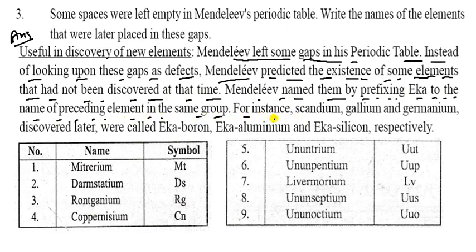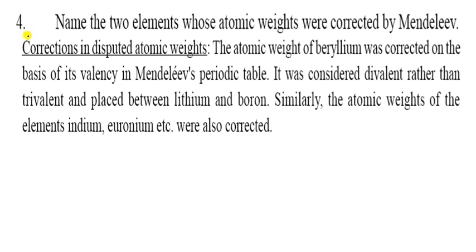For instance, scandium, gallium, and germanium discovered later were called eka-boron, eka-aluminium, and eka-silicon respectively. So let us see the next question.